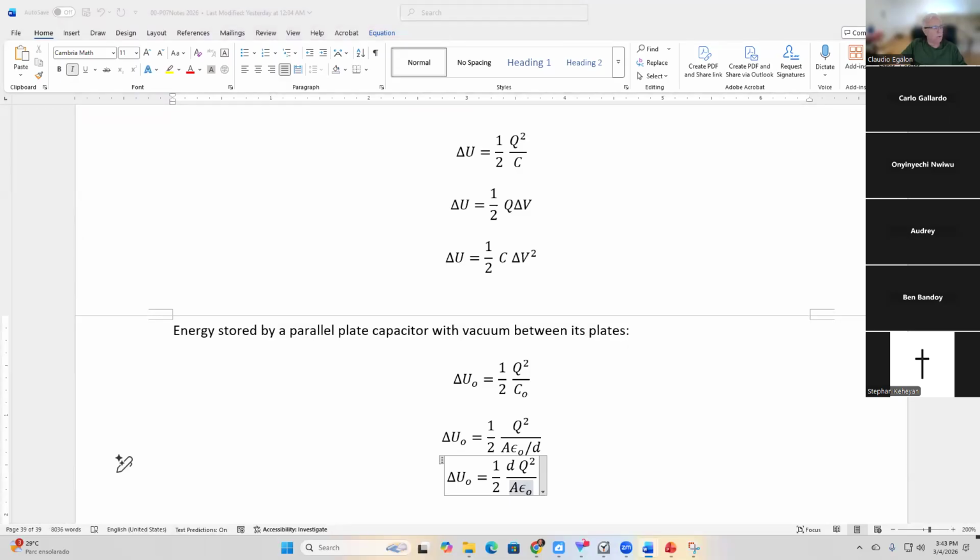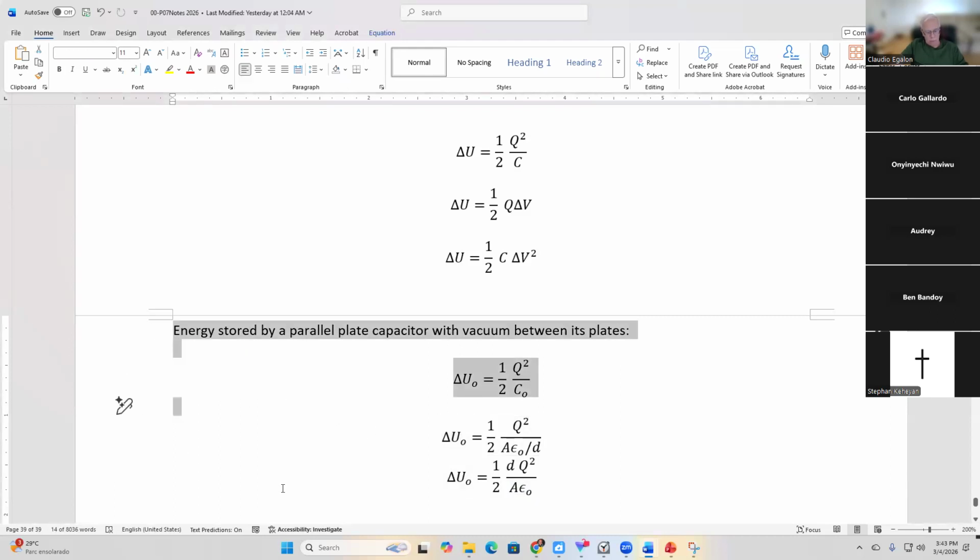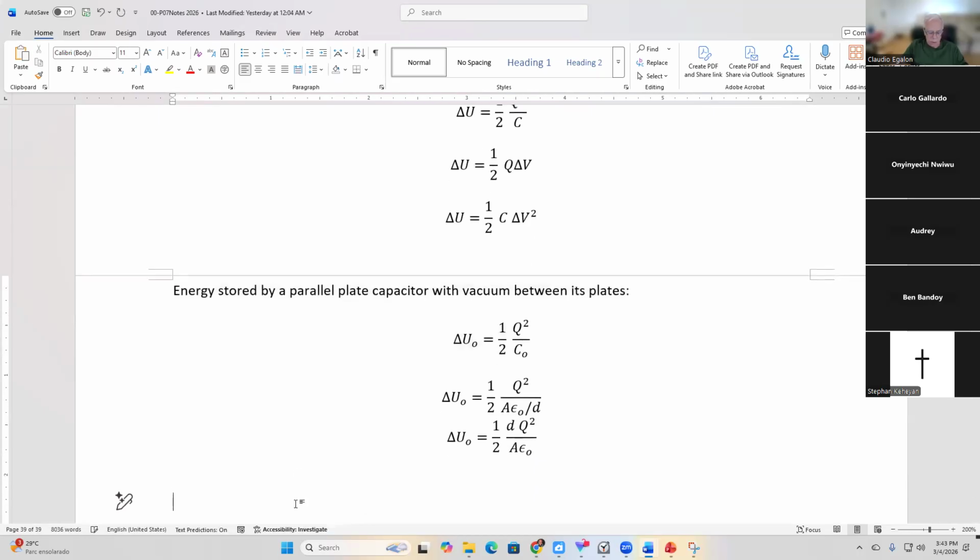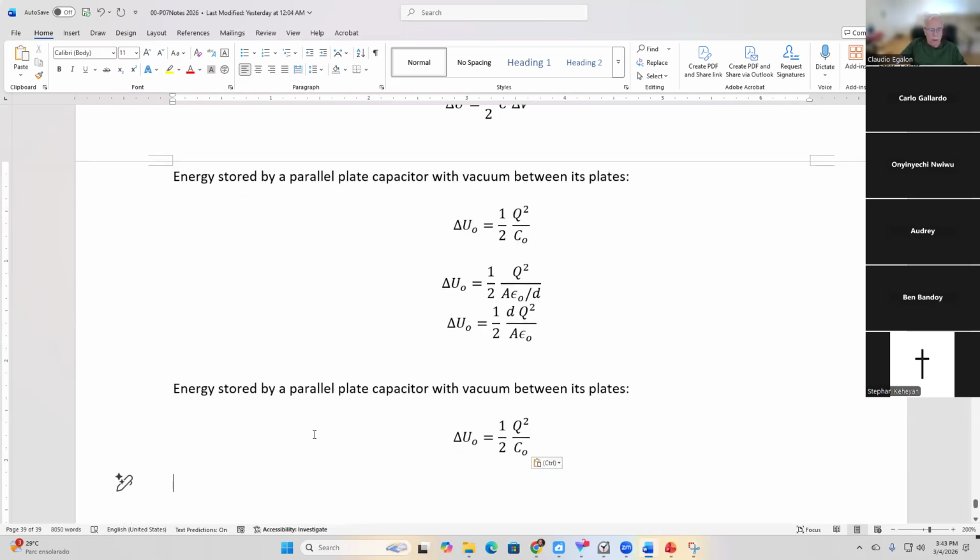But there's more we can do. That's a delta U naught, right? Now, what is going to be the energy stored by a parallel plate capacitor with a dielectric between its plates? Now it's not going to be U naught.